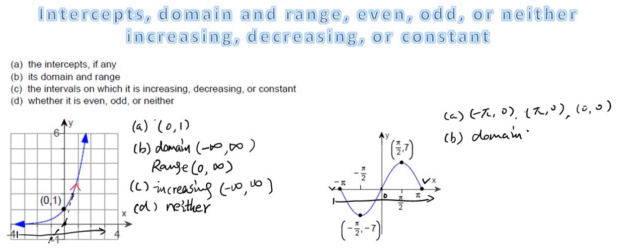So we have negative pi, and the largest value of x should be here, because the curve stops at this point, right? So we have pi here. That's the domain. Now let's take a look at the range.